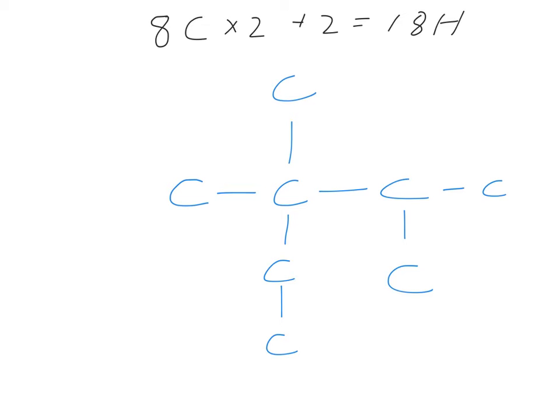Let's see if that's true. So let's add in our hydrogens now. This carbon right here is only participating in 1 bond, so it can take 3 hydrogens. This carbon is already participating in 4 bonds, so it can take no hydrogens.